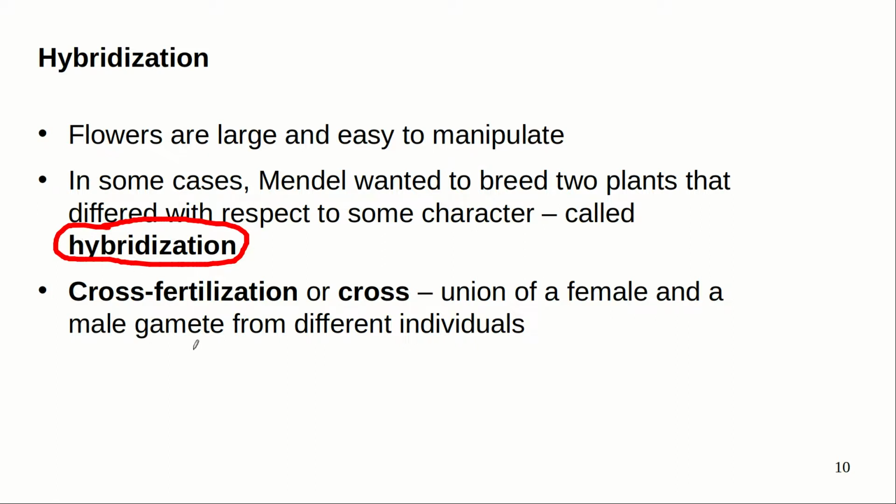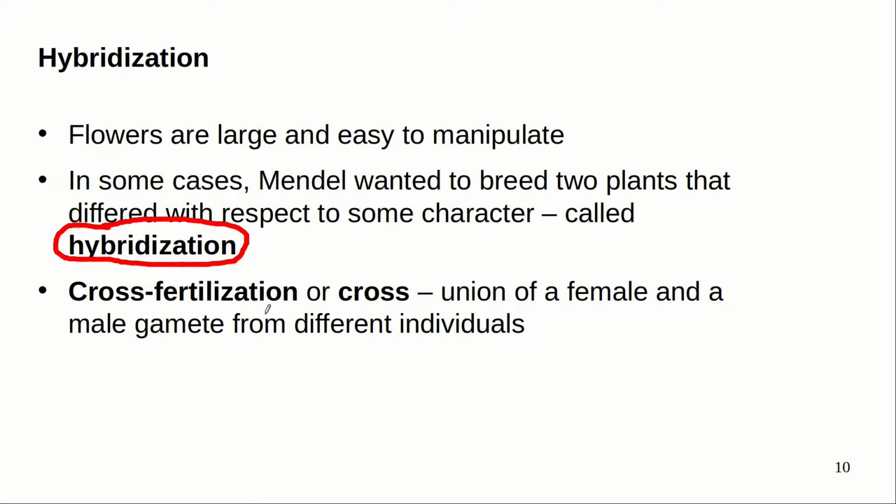Now, cross-fertilization, same idea, really. It's a cross, and in other words, you mate two plants or two individuals, two flies. You could be doing flies, and those are common organisms to study genetics.